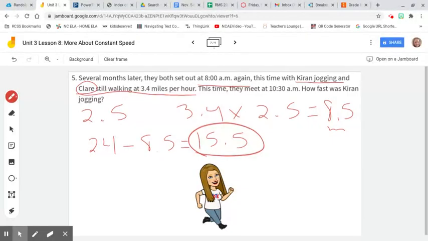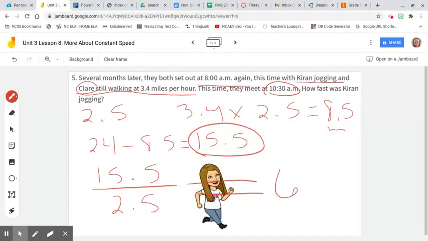I took the 15.5 miles and divided it by the 2.5 hours, because remember, that's the total amount of time it took, because they meet at 10:30 instead of 11:45. So when I divide that, I get 6.2. So that means that Kieran jogged 6.2 miles per hour.